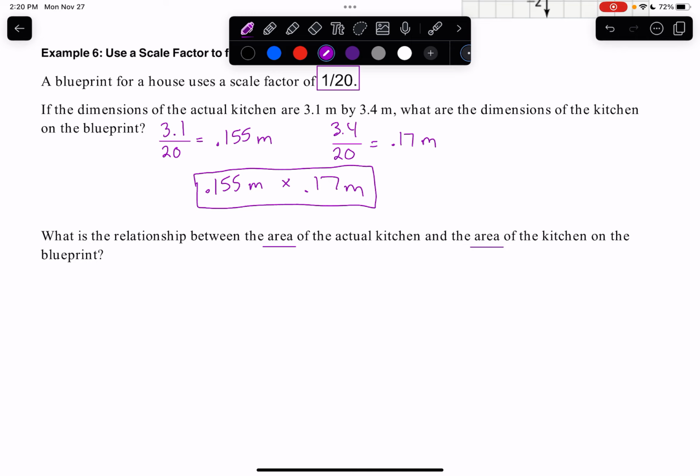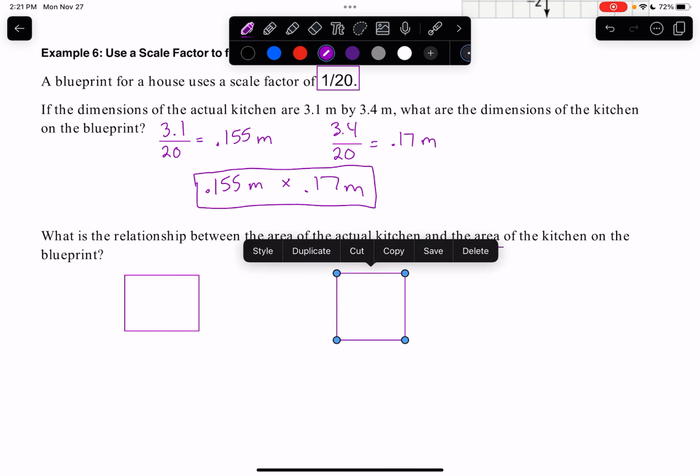Because even though the dimensions change by a factor of 1/20, the area is going to change in a different way. So if I am looking at the area of these two kitchens, the real one and the blueprint, the real one, and let me make that look a little bit similar there. No? Can I not? Oh well, we'll have to pretend this is to scale.